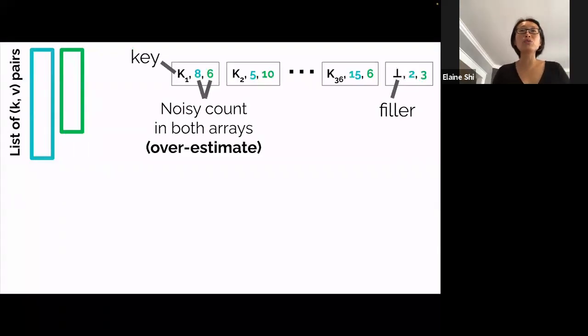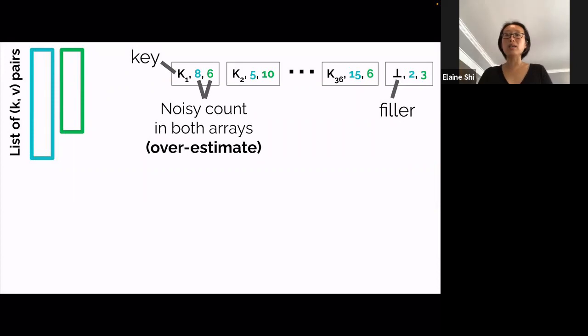So the first thing I want to do is to write down what's called a noisy count array. For each key that appears in at least one input table, I want to write down how many times it occurs in each of the input tables. Further, we will add a positive noise to the true counts to obfuscate these numbers.